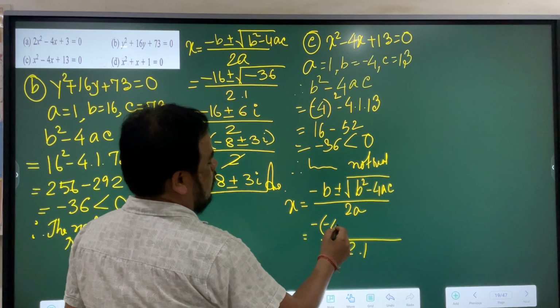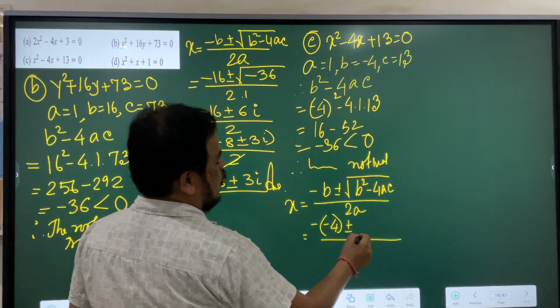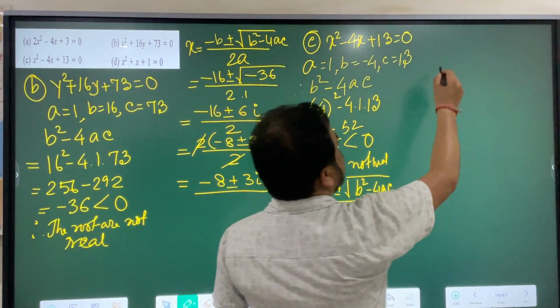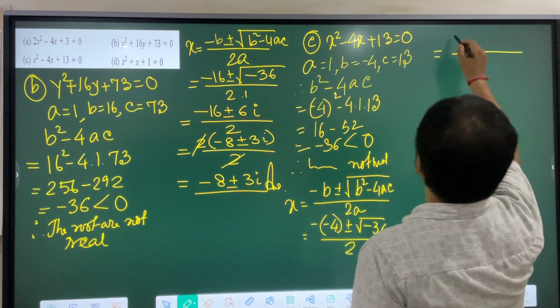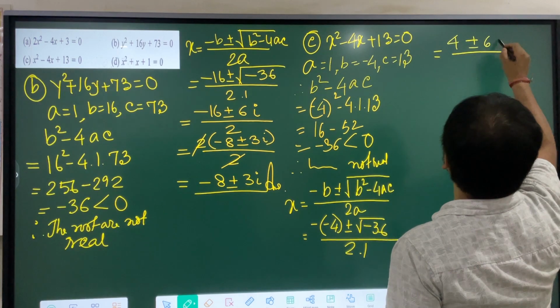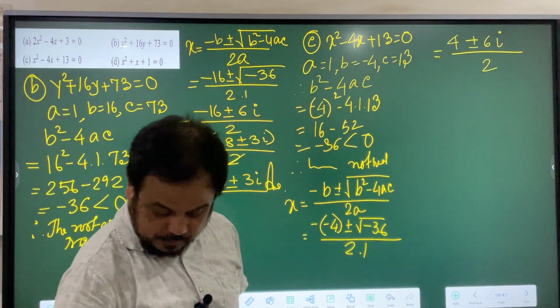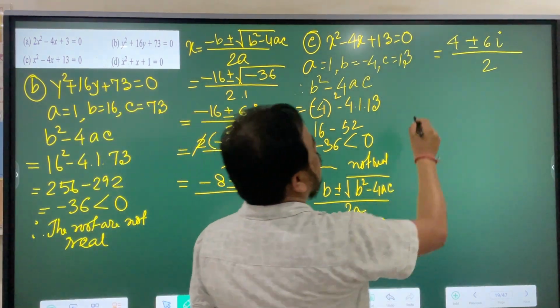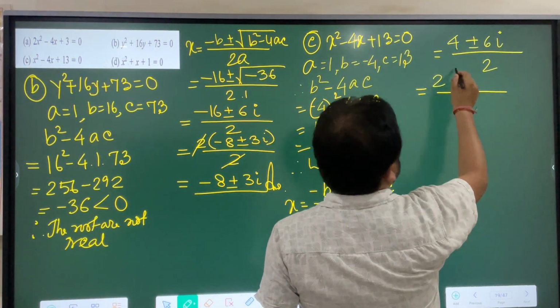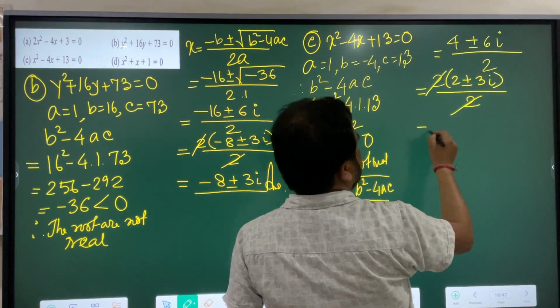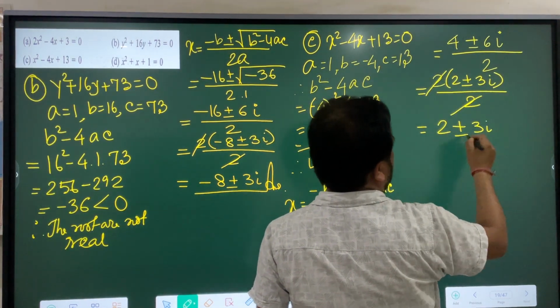So minus minus 4 plus minus square root of minus 36, equals to plus 4 plus minus 6i by 2. I hope you understand. Okay, 2 can be taken common. 2 plus minus 3i by 2. 2 cancels. So 2 plus minus 3i is the answer.